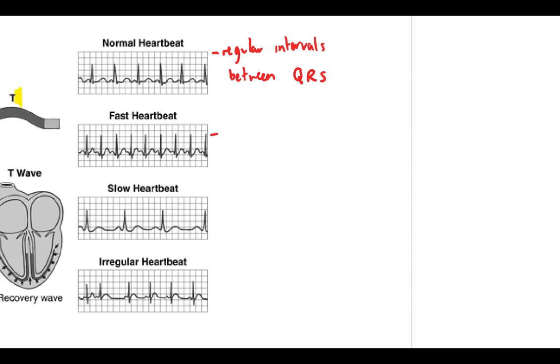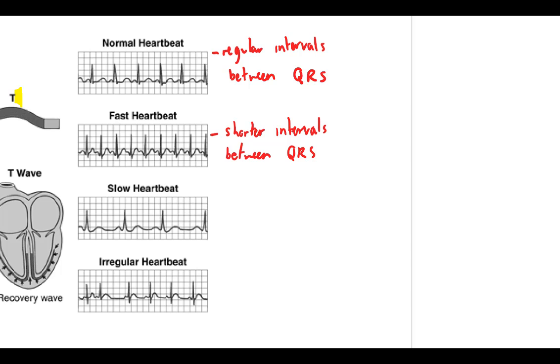If you compare this with this, you can see there are roughly 1, 2, 3 and a bit squares between the QRS peaks. In this case, this one's a faster heartbeat because there's only 1, 2 and a bit between them. So there are shorter intervals between QRS.